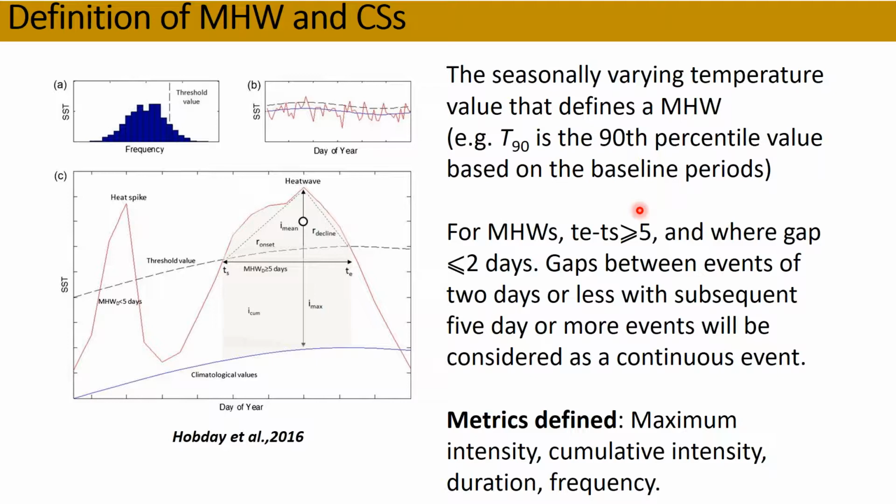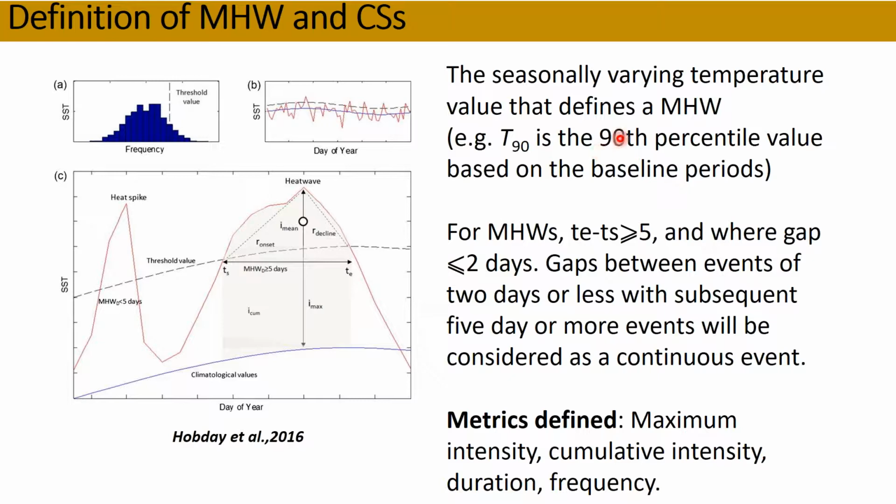It can have a gap of 2 days, but we need at least 5 days, a gap of 2 days, and then 5 more days to be defined as the same event, otherwise it will be a different one. From these we can calculate different metrics, such as maximum intensity, cumulative intensity, duration, and frequency.